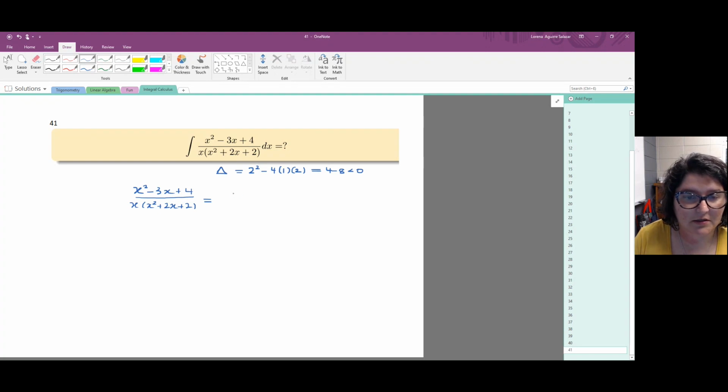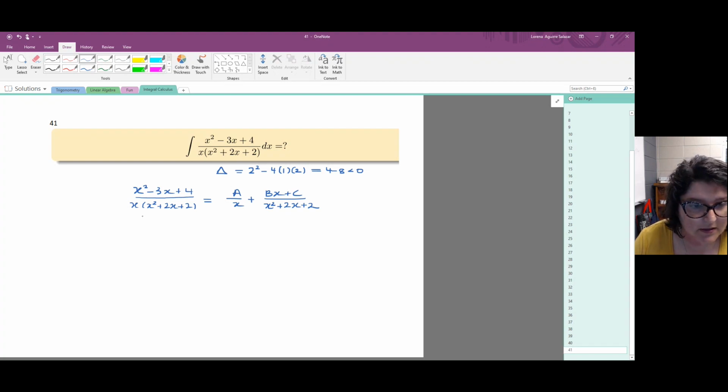We have a constant divided by x plus a constant times x plus another constant divided by the quadratic. So now we need to find a, b, and c so that this is true in order to find the integral of our function in terms of easier integrals.